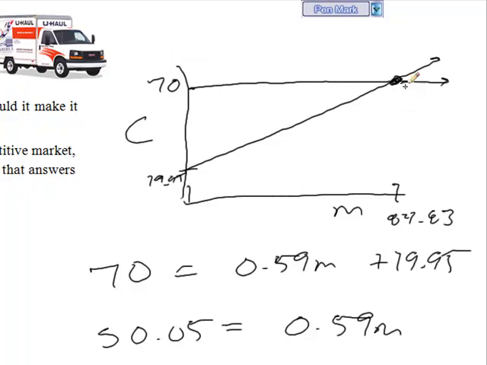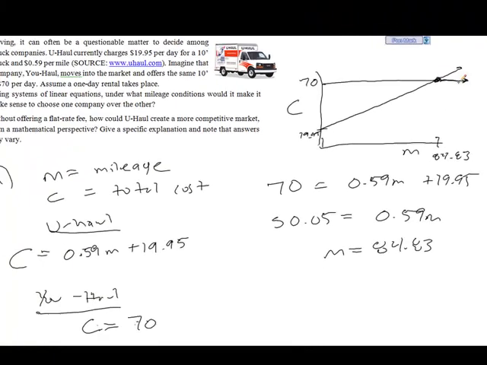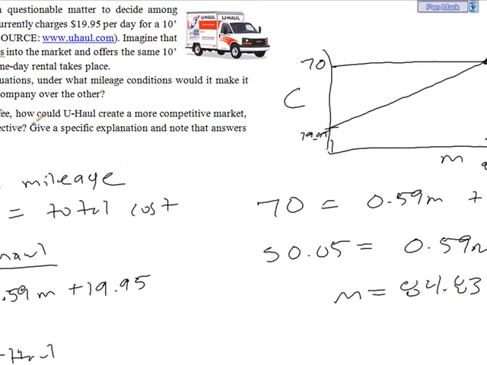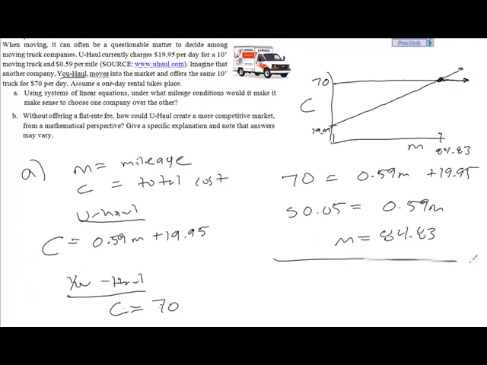Which route is better after that point in time? Clearly you want to be at the lower price. So if you travel more than 84 miles, it might be cheaper to go with this new company, which we're calling U-Haul. So U-Haul would be the best one to go with.